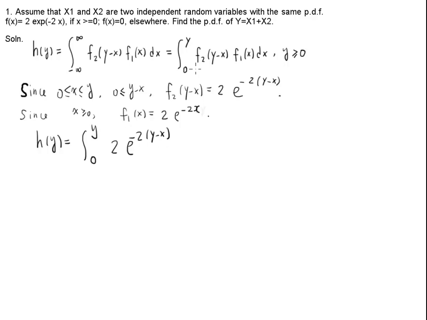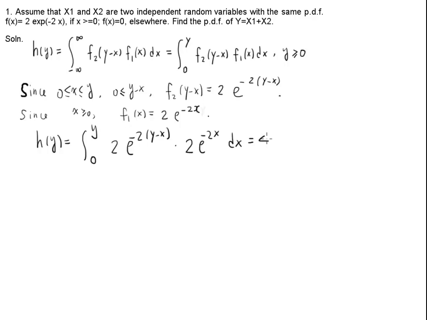So this part is over here. And then we multiply this expression by f1, which is 2 e to the negative 2x dx. Now we're going to combine these two functions together according to the rule of exponential functions.